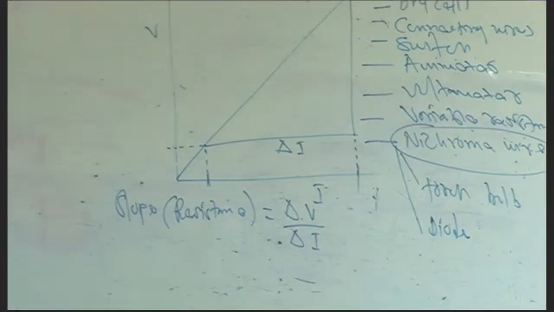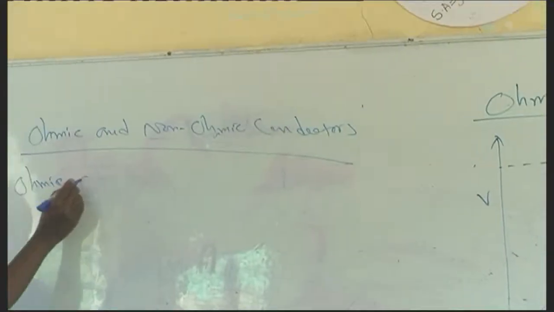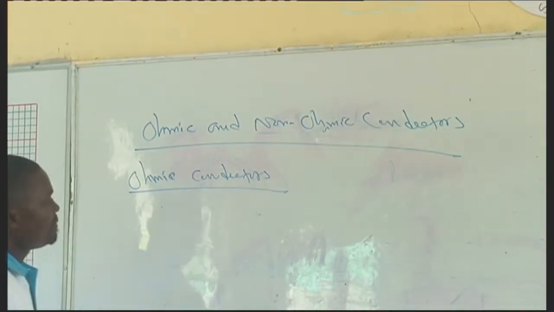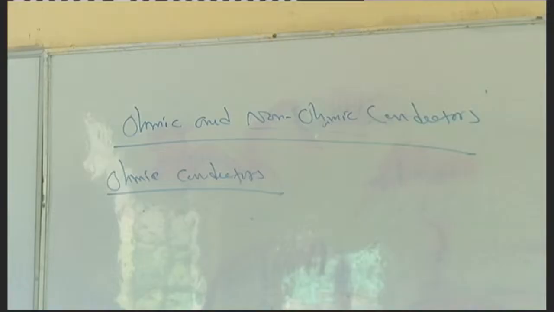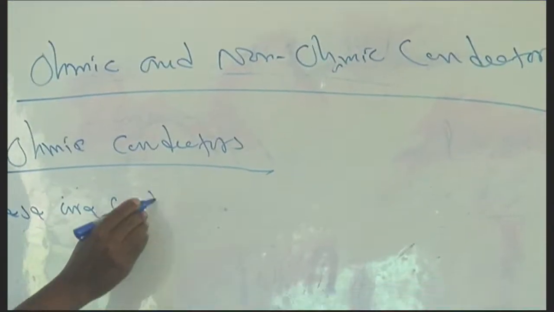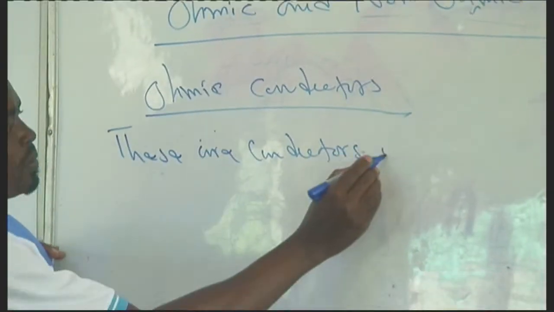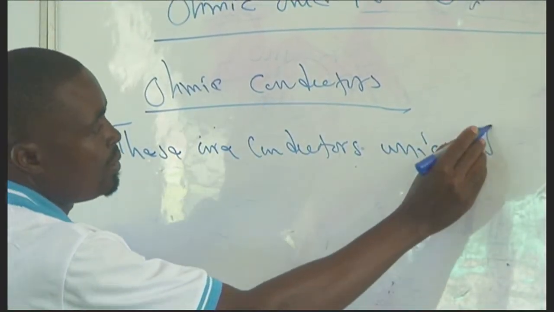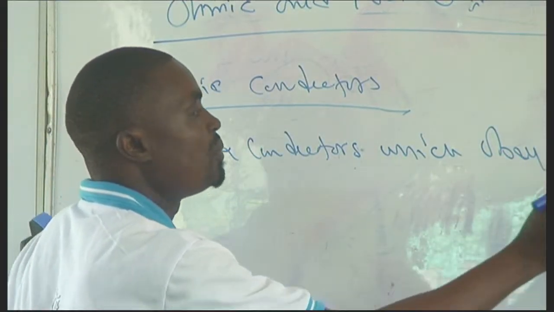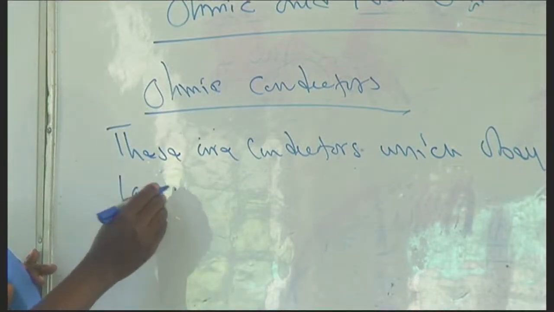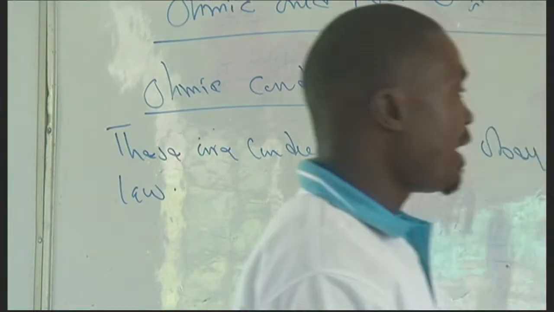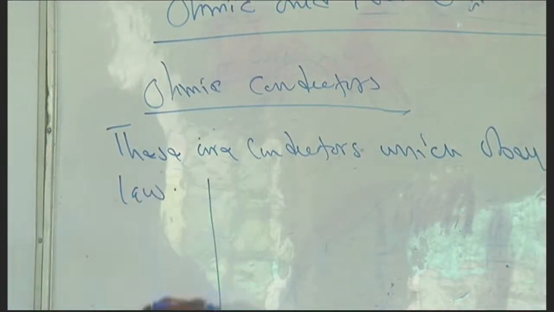Now, harmonic conductors are conductors which obey Ohm's law. It means if you use them in the experiment in place of nichrome wire, then the graph will be a straight line to the origin.